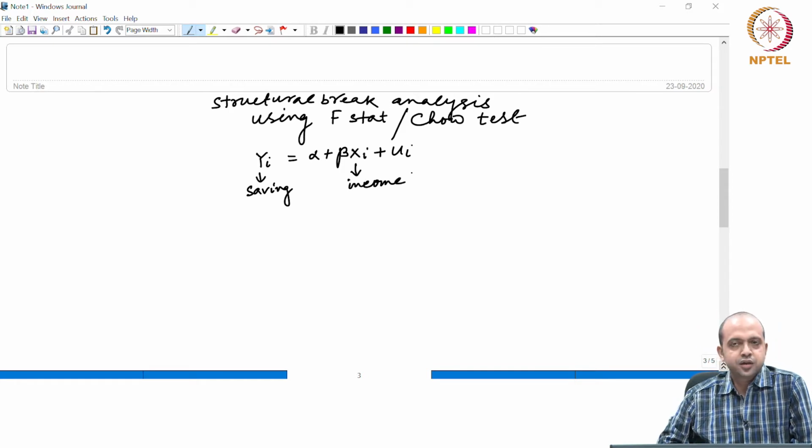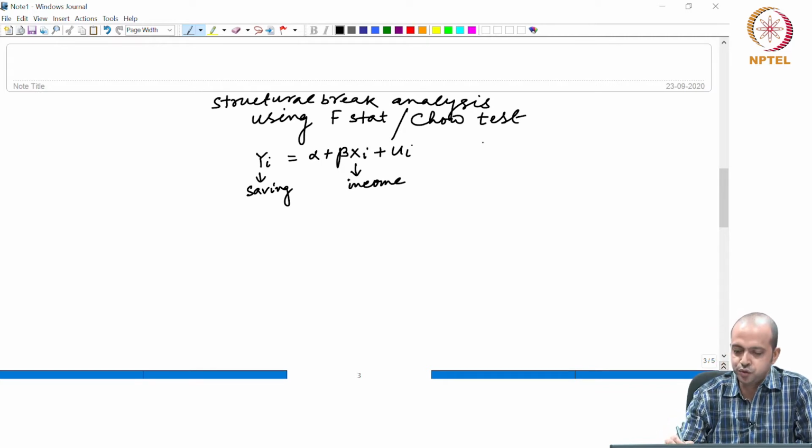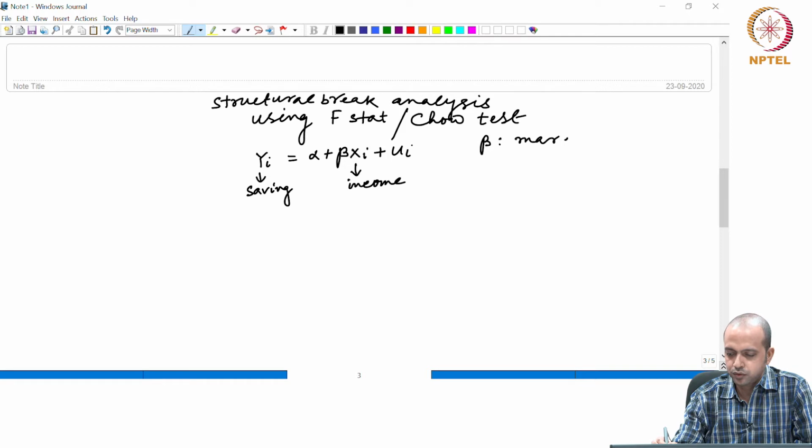And what is beta? That means when income changes by 1 unit, on an average, saving changes by beta unit, and that is called marginal propensity to save. So, beta is called marginal propensity to save.